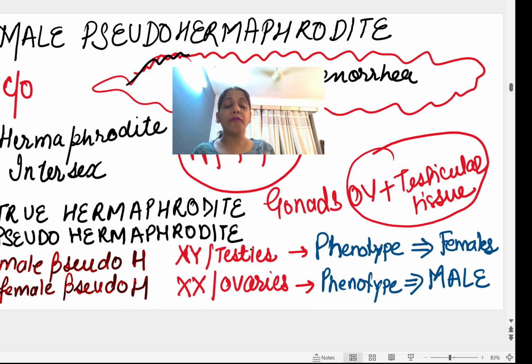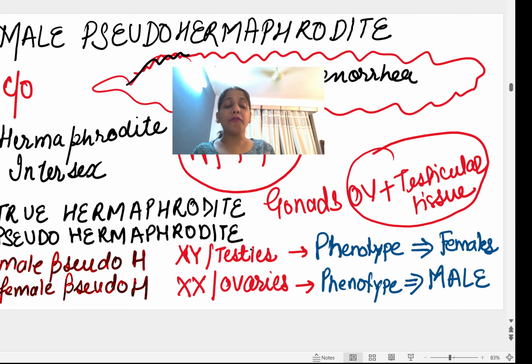But due to some problem, their phenotype has become male. So they are known as pseudo hermaphrodite because their phenotype is different from their gonads.